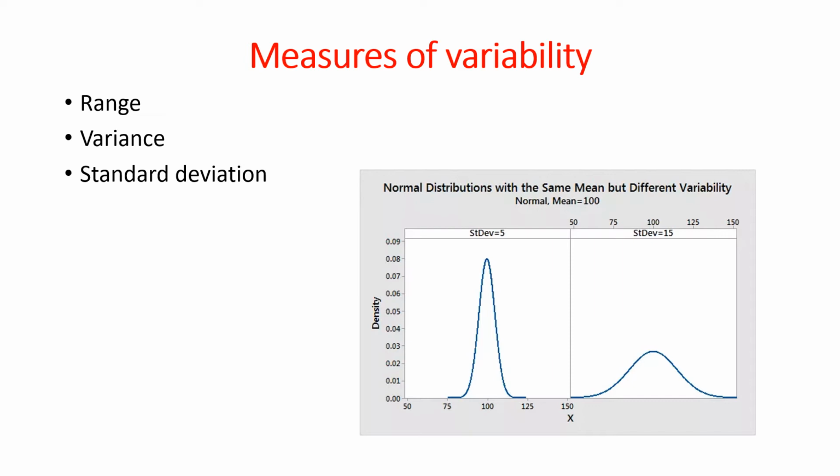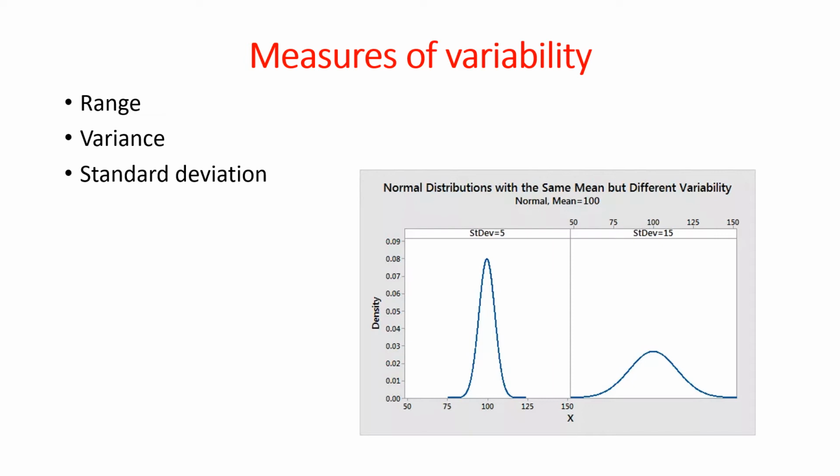By dispersion, I mean we have outliers and numbers in the data set are highly different from each other. So I hope that you understand through this example why measures of variability are as important as measures of central tendency.